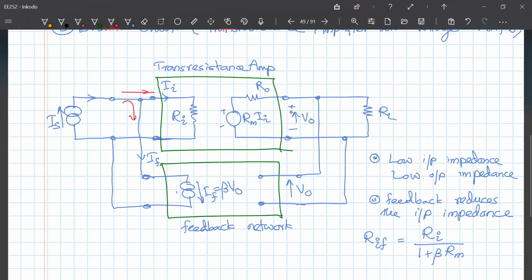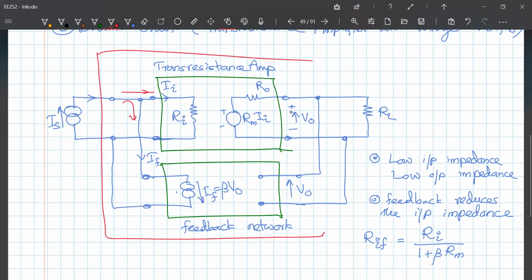So again, this is my RIF, whereas this is my RI. Okay, so that is the difference.